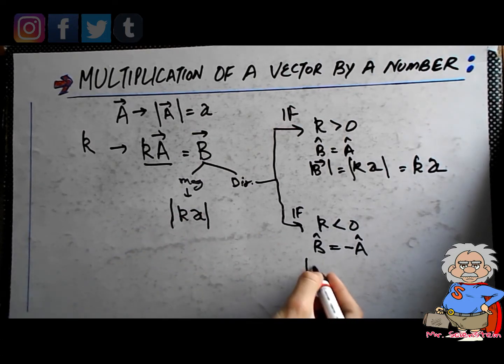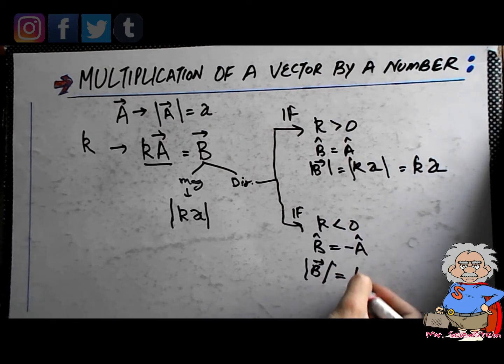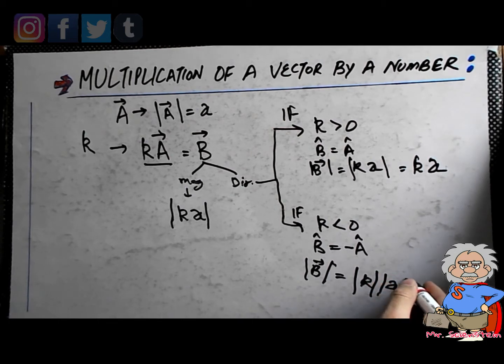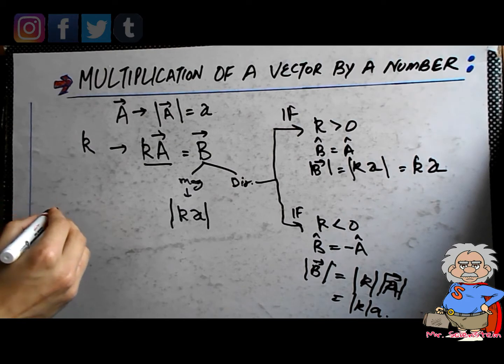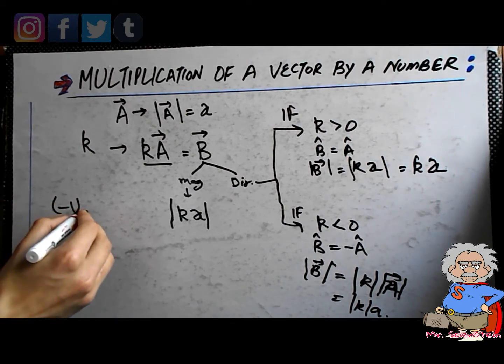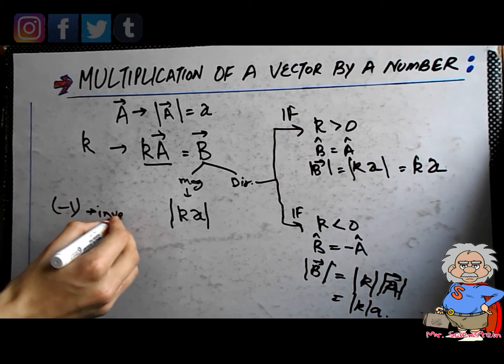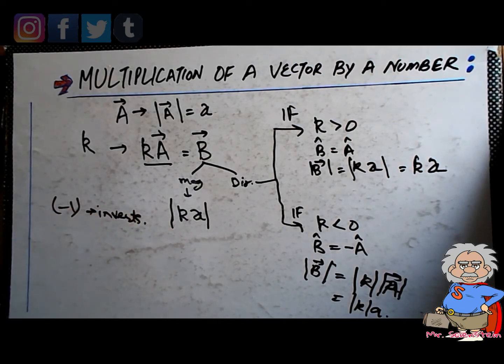So the magnitude of our b vector in this condition will be equal to modulus of k into modulus of a, which is our a vector. In particular, multiplication by -1 just inverts the direction of a vector.